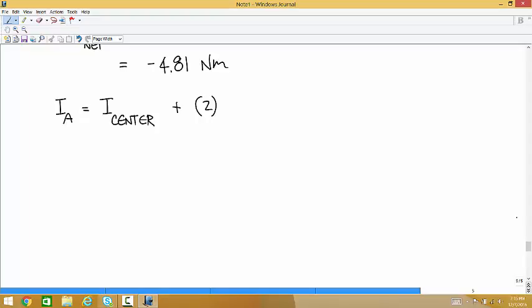What's that distance? 0.5 squared. So that's 0.1683 repeating plus 0.5. And so you get 0.668. The 3 is repeating.